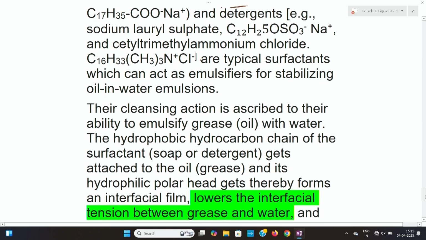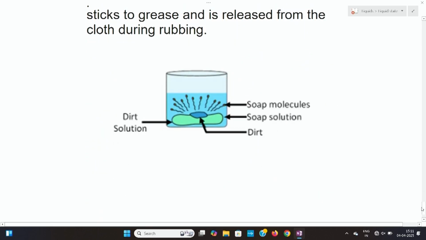It will be something like this. Here we have our water, and this hydrophilic part, if we take the example as sodium stearate, that COO⁻ will attach to the water molecule, and the hydrocarbon part will attach to the oil. Then we will have something like this structure.